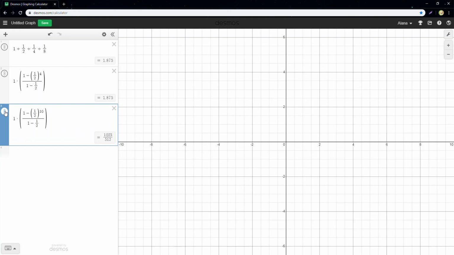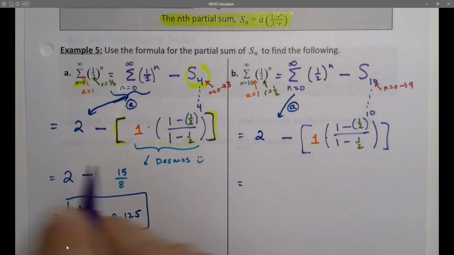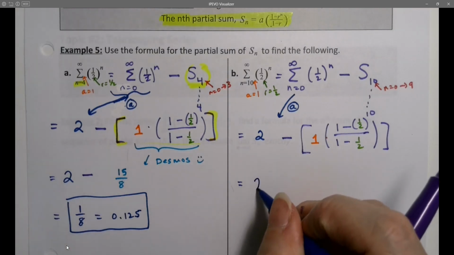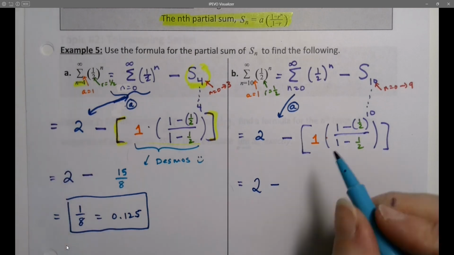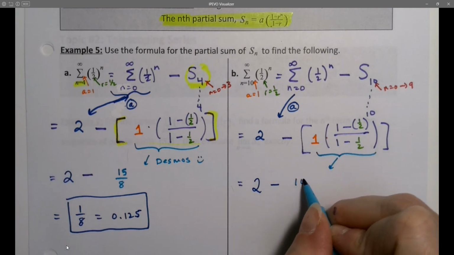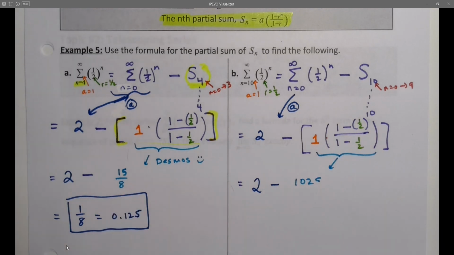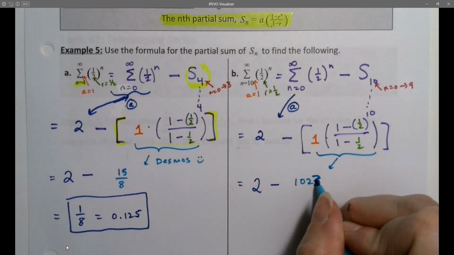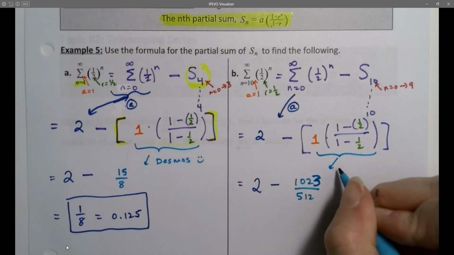Okay, so that would be 2 take away 1023 over 512. Let me go back. That would be 2 take away, and then from Desmos we get 1023 over 512.